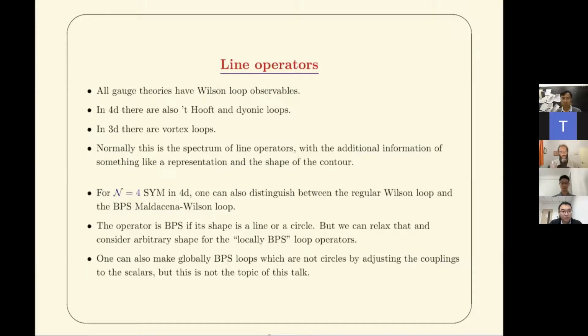You can also discuss something called locally BPS, but it's not really important for us. There are also interesting BPS loop operators with complicated shapes if you adjust the scalar couplings. But again, mostly I will not talk about it. Towards the end, I may mention them a little bit.